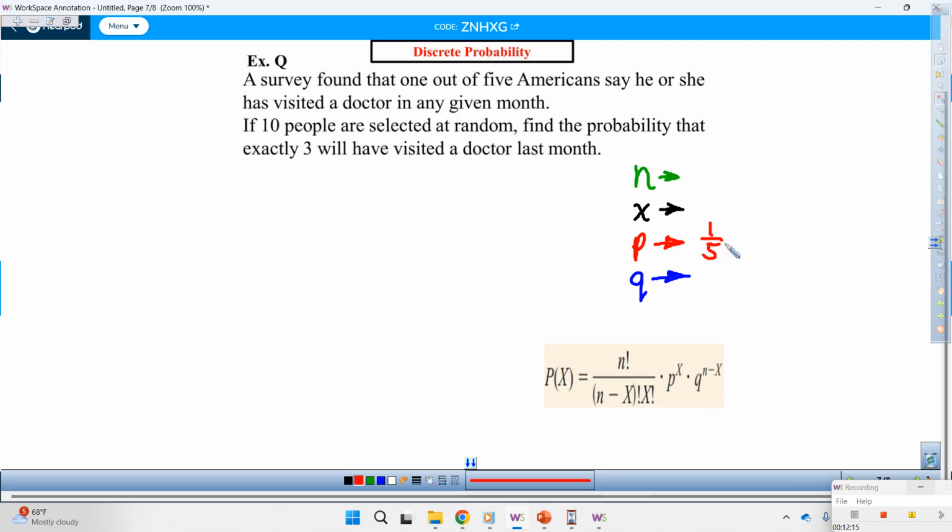That is correct. So if that's my probability of success, what do I write for Q, Austin T? What is Q?